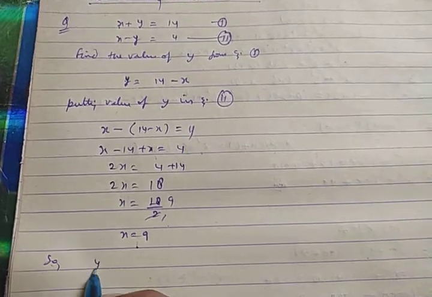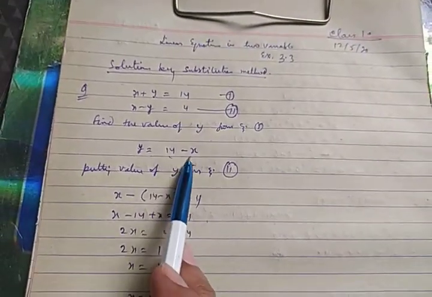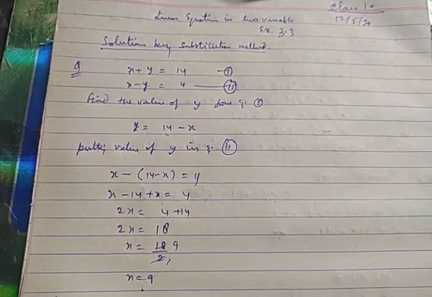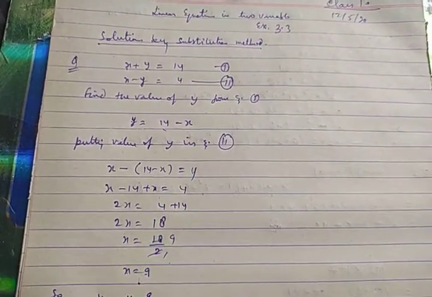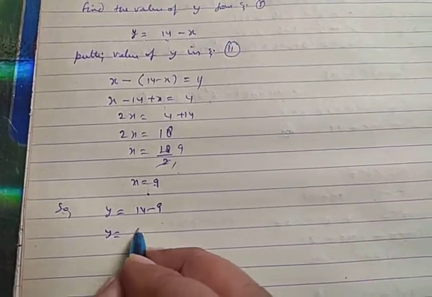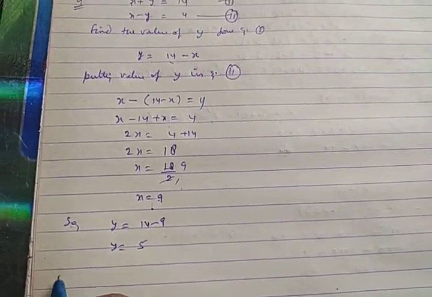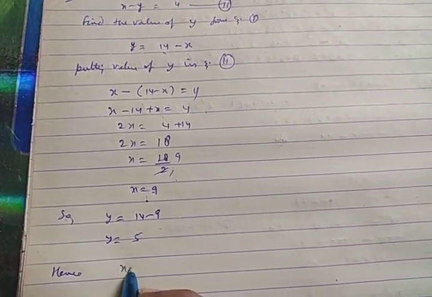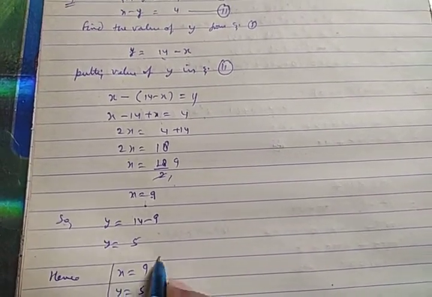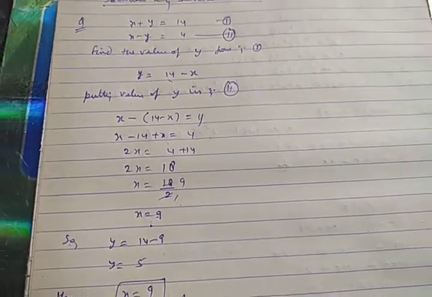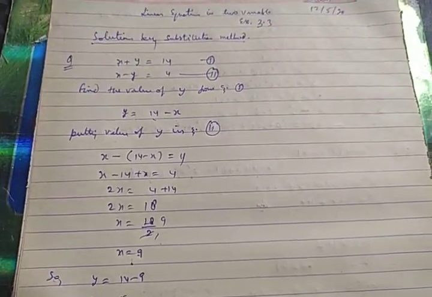So y is equal to 14 minus 9, which is 5. Hence x is equal to 9, y is equal to 5. This is the solution, and this method is the substitution method.